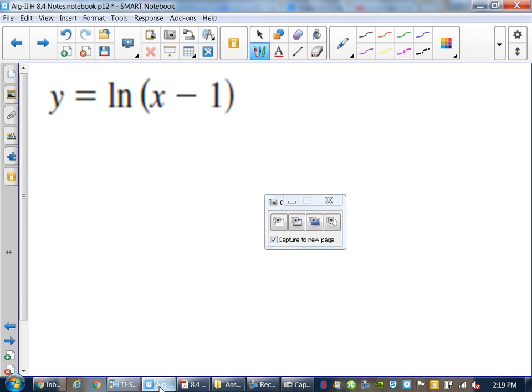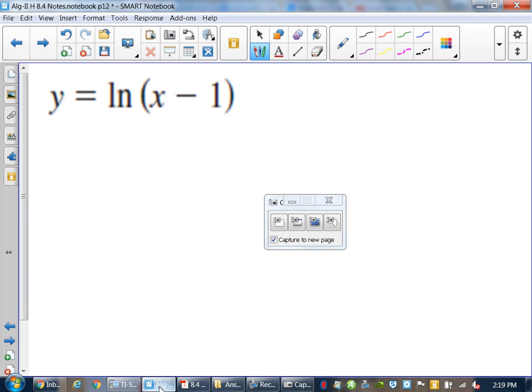When we're using inverses, we have to be able to use natural log with inverses. And the inverse of a natural log is e. E's and natural logs undo one another because natural log is log base e.